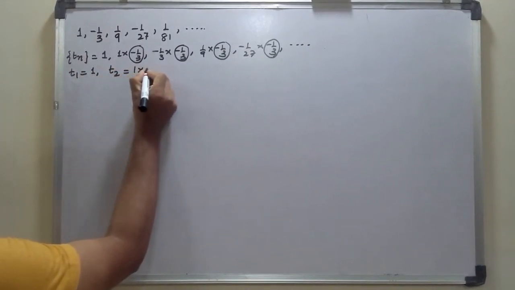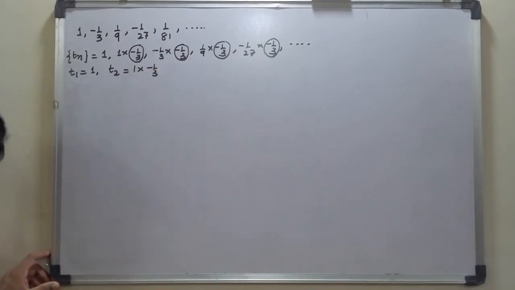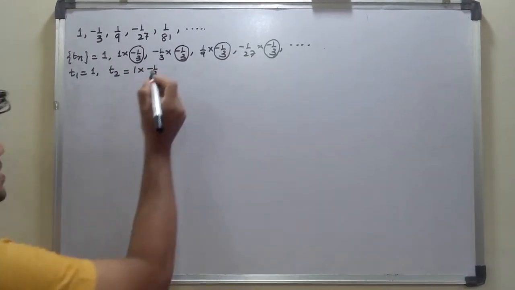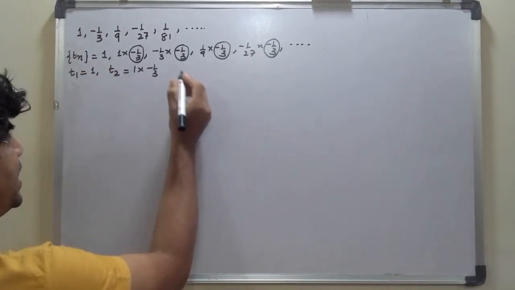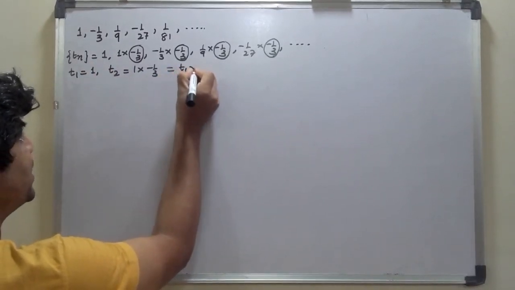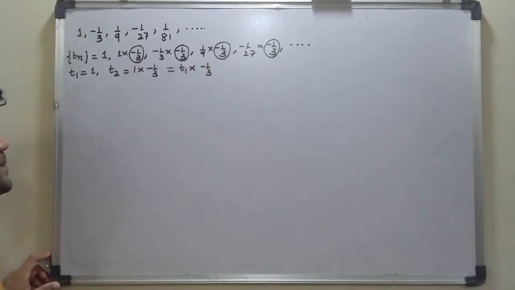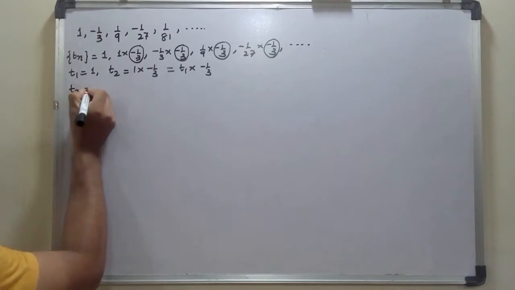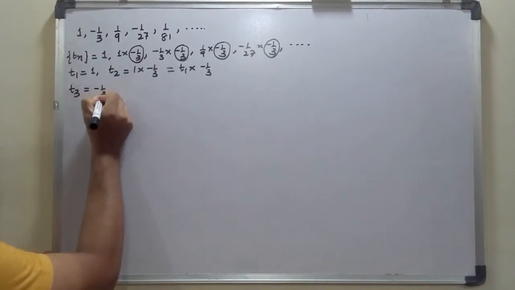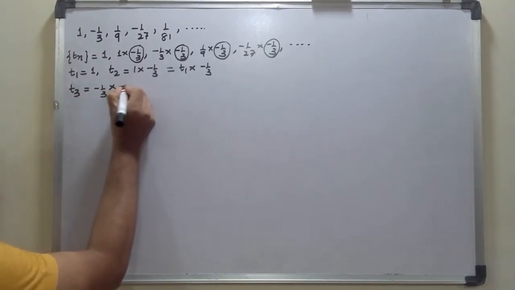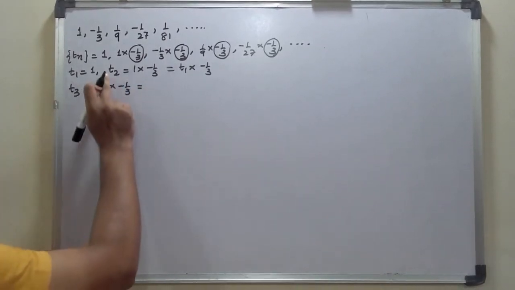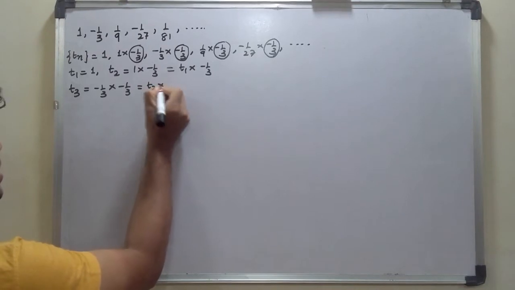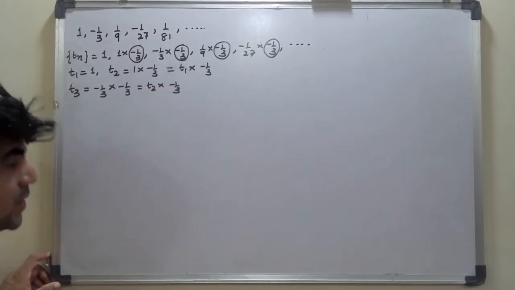Term 2 I got as 1 into minus 1 by 3. Agreed? This 1 was your T1, means it is T1 into minus 1 by 3. What about term 3? Term 3 you got as minus 1 by 3 into minus 1 by 3, which is nothing but term 2 into minus 1 by 3.